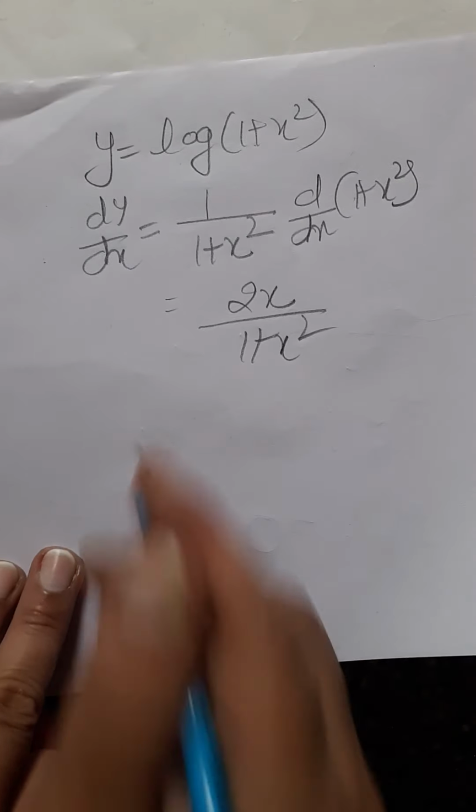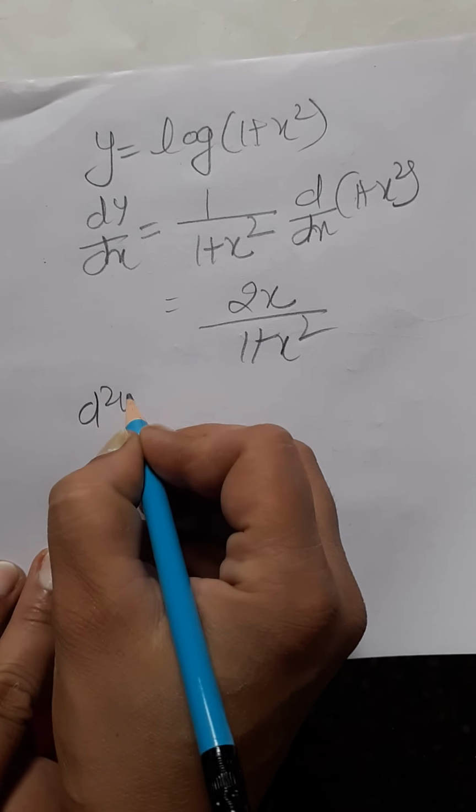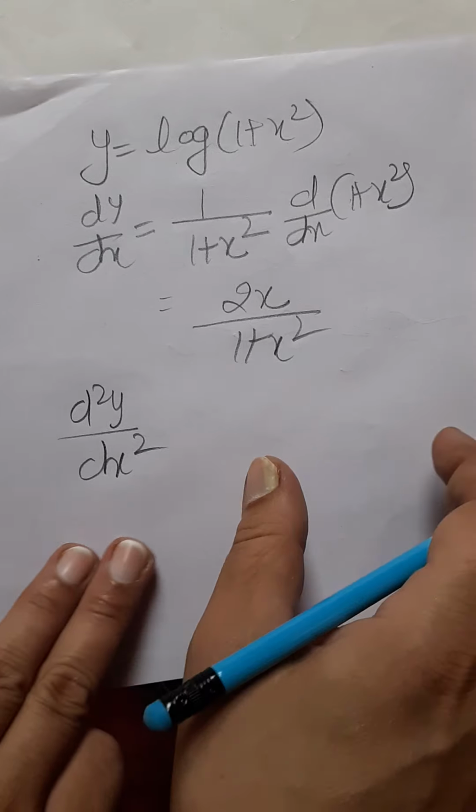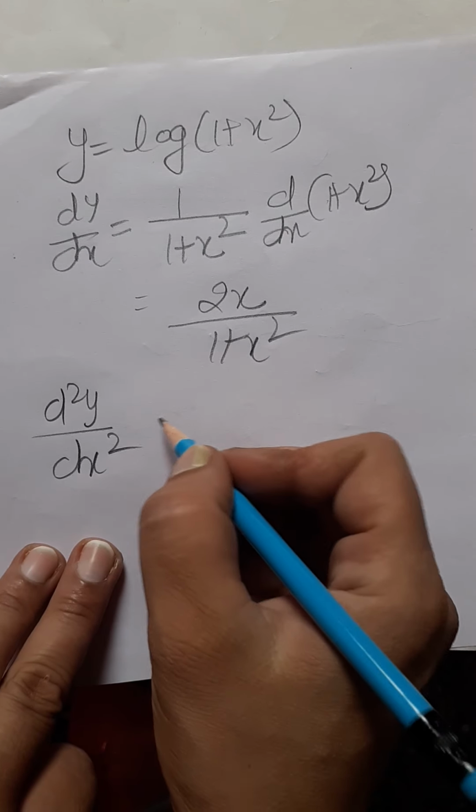If you want to take its second derivative, then you write d square y upon dx square, and now we apply the quotient rule.